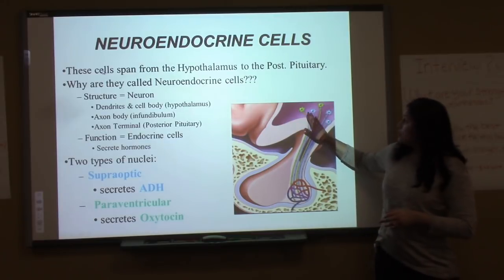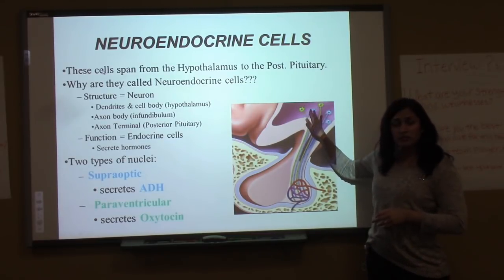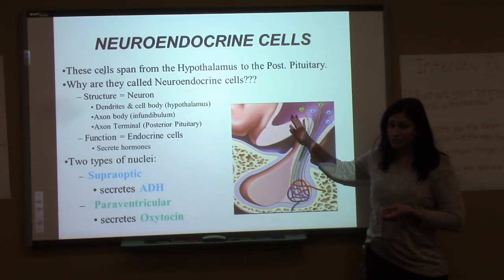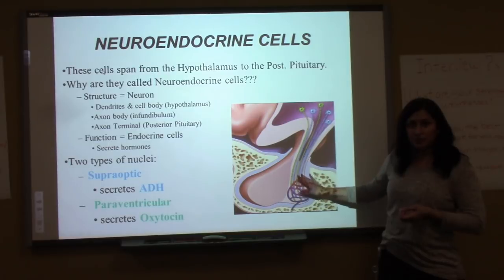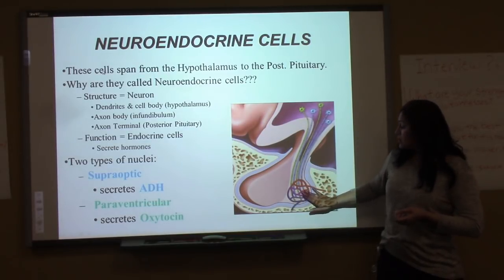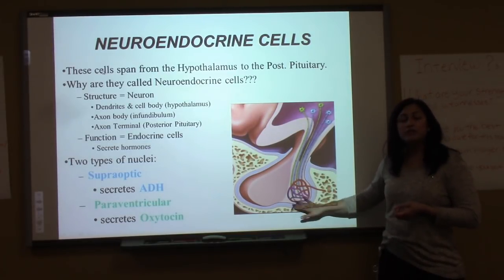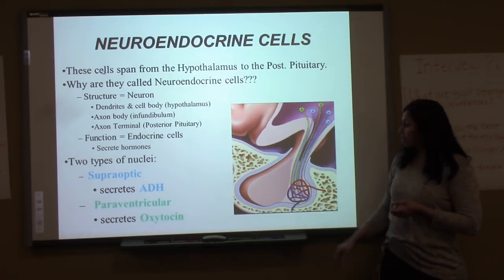You can see the nuclei, or the cell body, and the dendrites are found in the hypothalamus, whereas the axon makes up the infundibulum, or the stalk, and the axon terminals are found in the posterior pituitary.